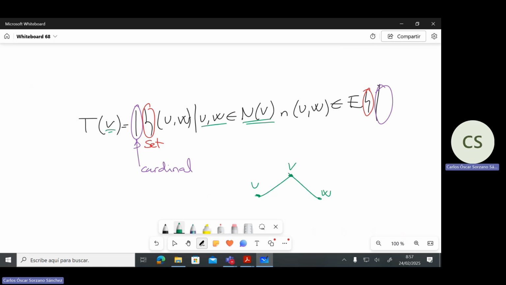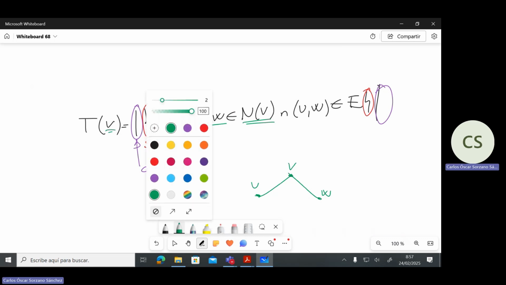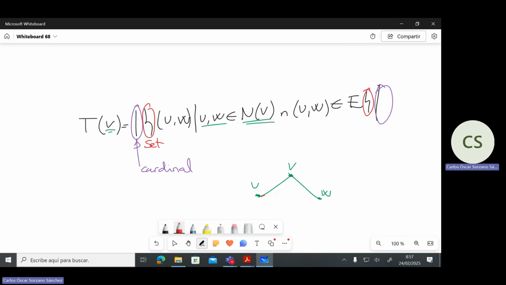They must be connected to V, and UW must be in the set of E. So it must be an edge. So let's make this red. So there must be some connection between U and W so that this is in E.